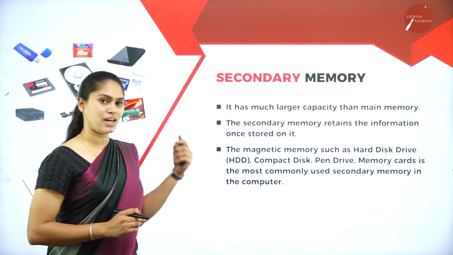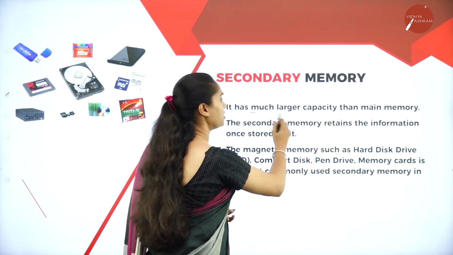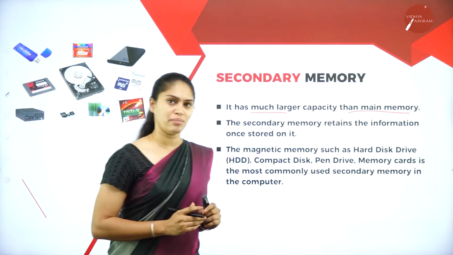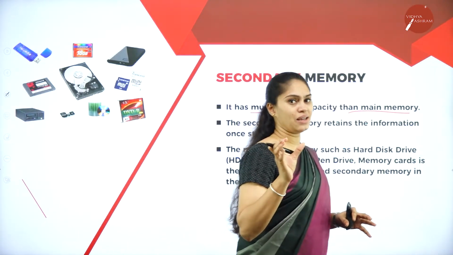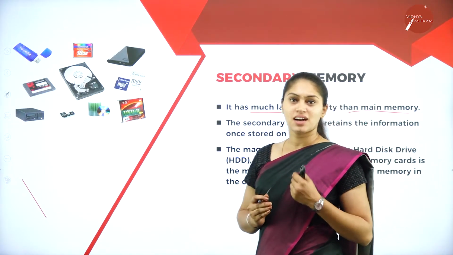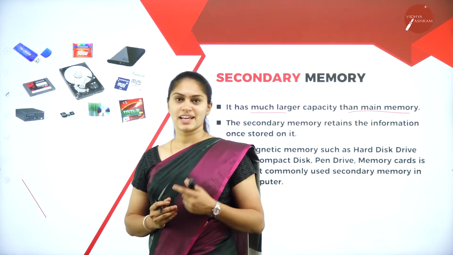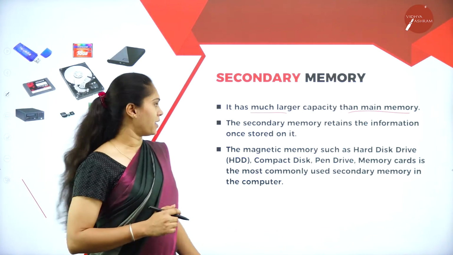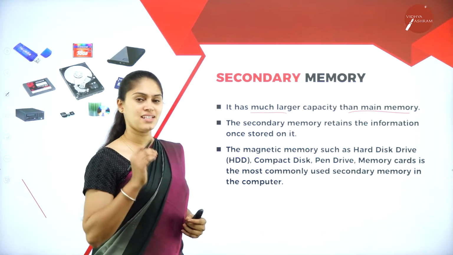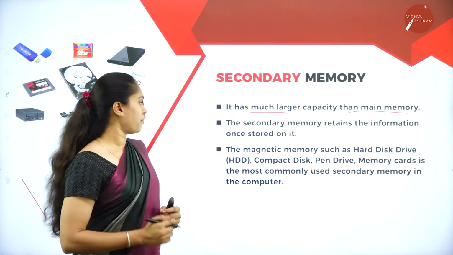So it has a much larger capacity than the primary memory or main memory. When it comes to the main memory, it is going to hold only a limited amount of data, right? But what if I want to store a large or bulk amount of data? Then secondary memory is going to help us. So it is going to have a much larger capacity than this primary memory or main memory.